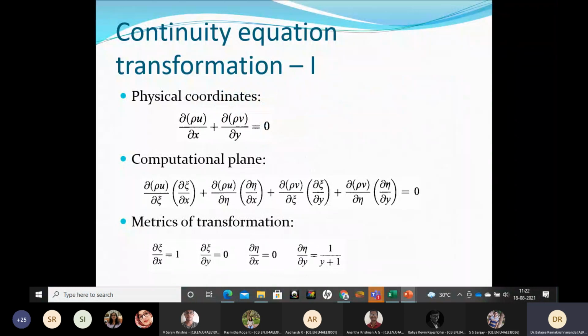So in physical coordinates in 2D, your compressible flow continuity equation looks like this.